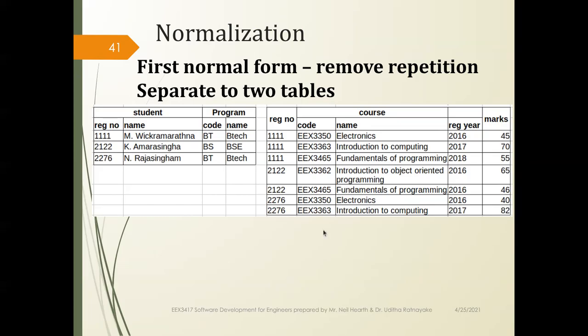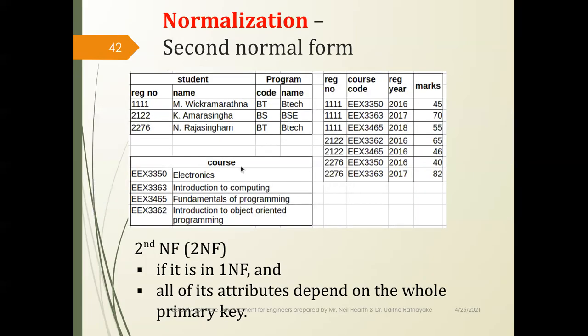So we can get the marks separately, and we have to separately take out the course code and course name, and the student name, and the marks and registration number. This is a combination, called a concatenated key. Registration number, course code, and registration year is the primary key here, with marks.